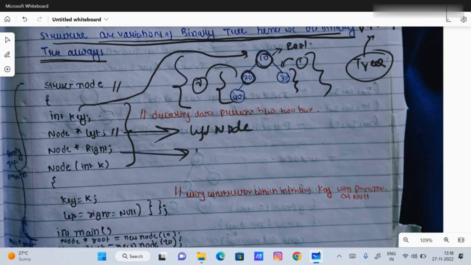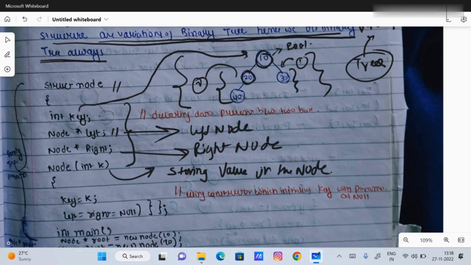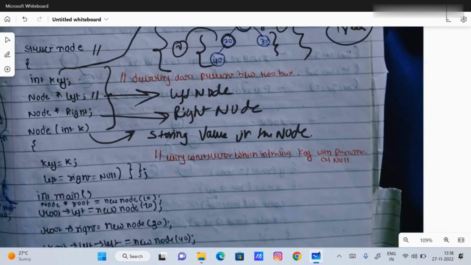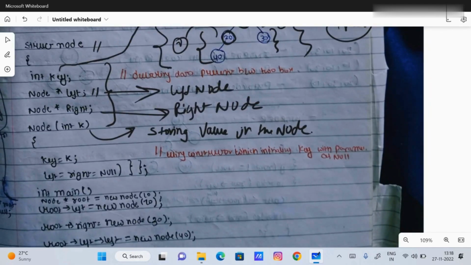Thereafter, I have made the right node. Thereafter, I am storing the value of k in the node, using a constructor which initializes key as a parameter.